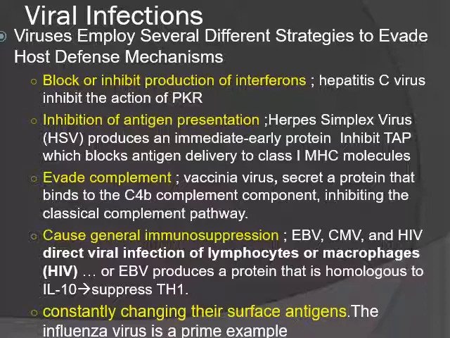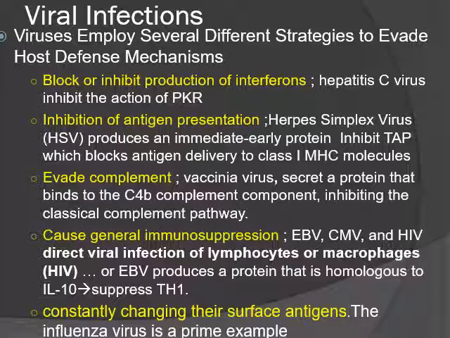Inhibition of TAP blocks antigen delivery to MHC class 1 molecules in herpes simplex virus-infected cells. So what happens to MHC class 1? Empty MHC class 1 is trapped in the endoplasmic reticulum.